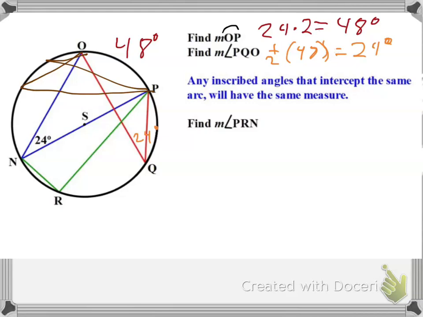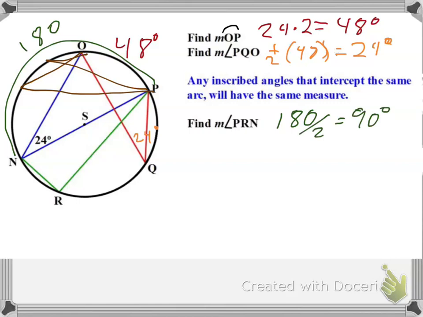So it cuts the circle in half, which means this arc right here is half the circle. That is 180 degrees. PRN there is inscribed, right? And it intercepts the 180-degree arc. So it's half of 180, so 180 divided by 2, which is 90 degrees.